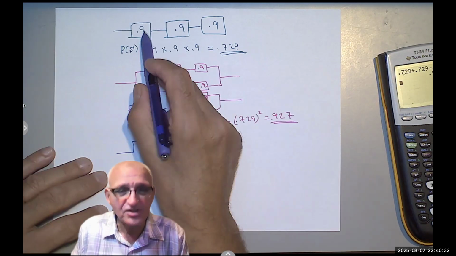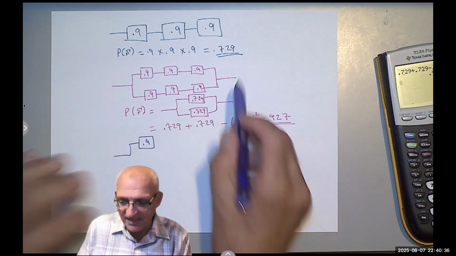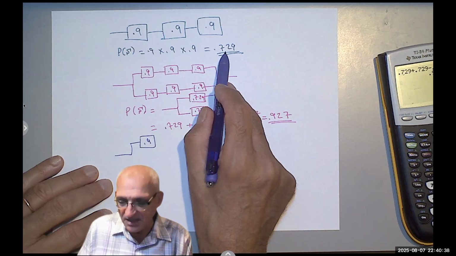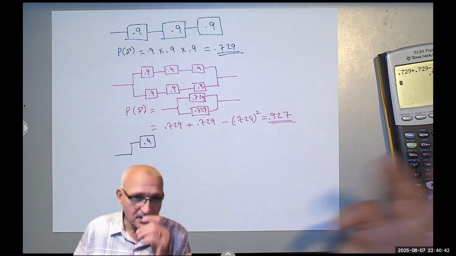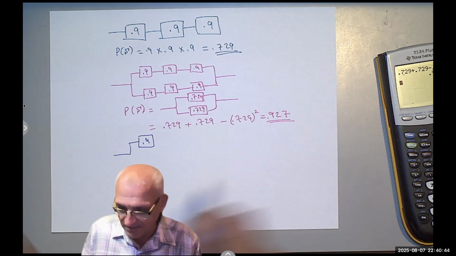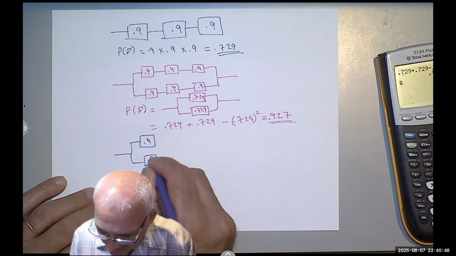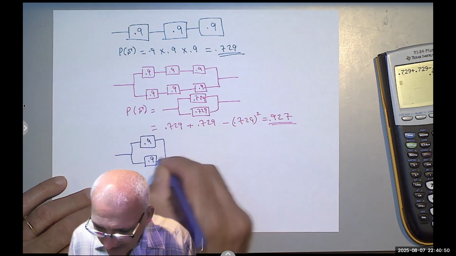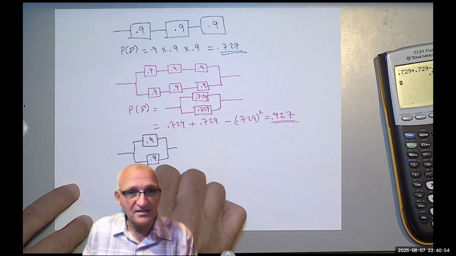But if that was 0.9 and this is 0.8 and this is 0.85, I still can get a different probability here and there, and I would add them and subtract their product, right? But this time he said, no, I want to do it like that and make a low-level redundancy. So every element is redundant.